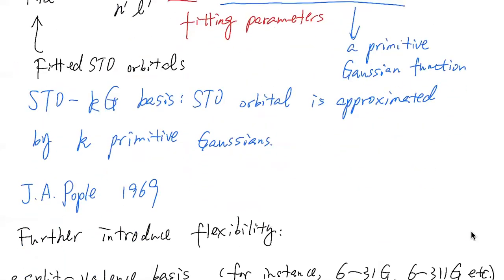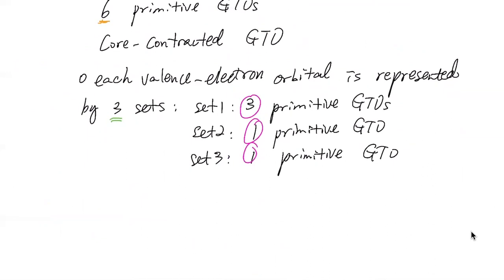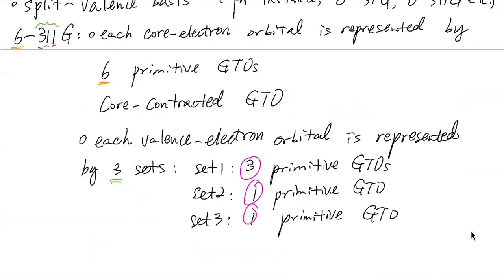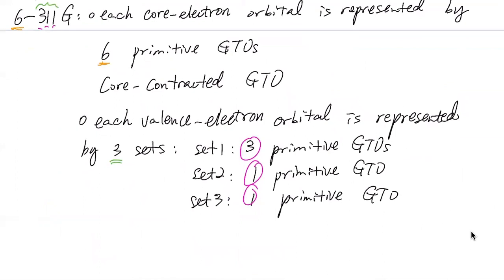But when they developed this basis, the fitting is not against the actual atomic orbital. You first use this basis to do the so-called Hartree-Fock calculation, and then you fit these parameters against experimental atomic ionization potential or atomization energy.